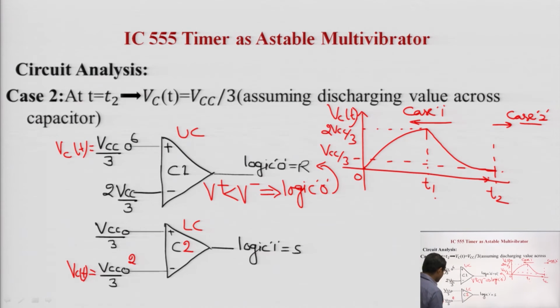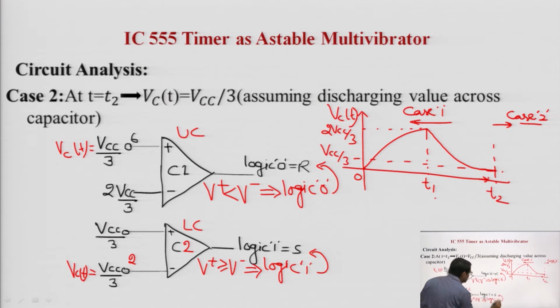In this case, V plus is greater than or equal to V minus, which means the output is logic 1, so S is equal to logic 1. With S equal to 1 and R equal to 0, the flip flop goes to the set state.